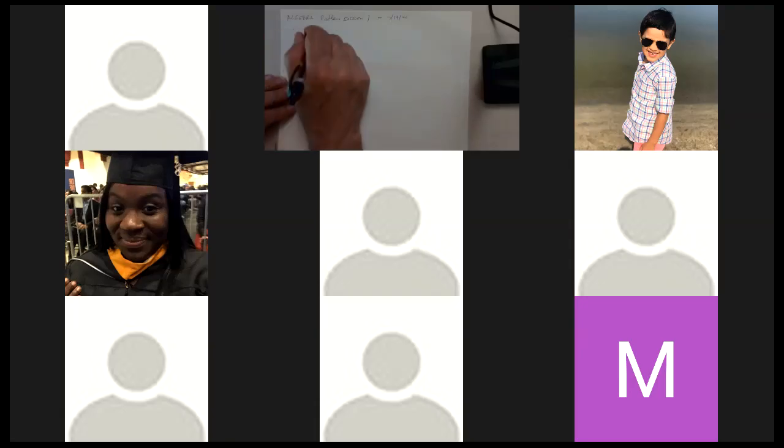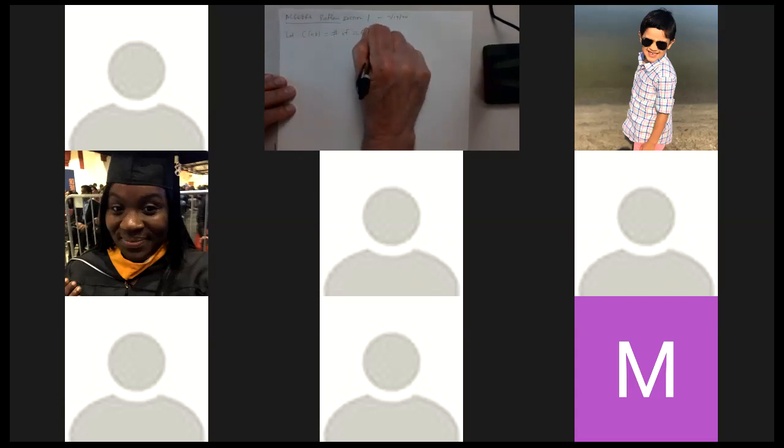So we have this number C of n comma k, which is the number of subsets of size k in a set of size n.